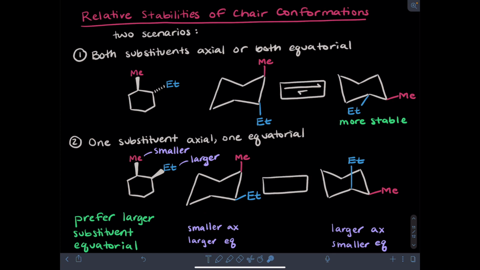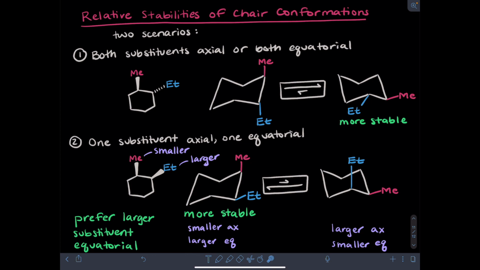On the left, we have the smaller methyl group axial with the larger ethyl group equatorial, while in the right structure, we have the larger ethyl group axial and the smaller methyl group equatorial. We favor placing the larger group equatorial, so the left structure is more stable. You could end by drawing in an equilibrium arrow favoring this more stable structure.